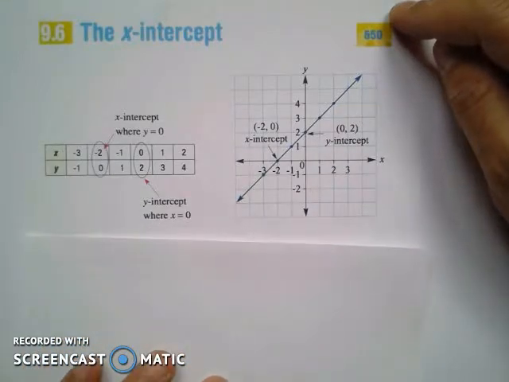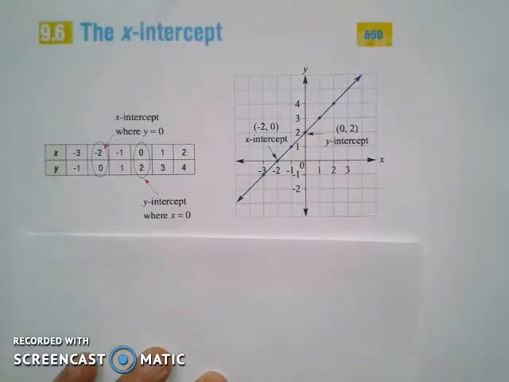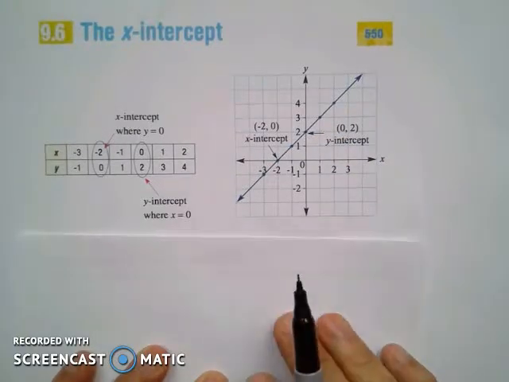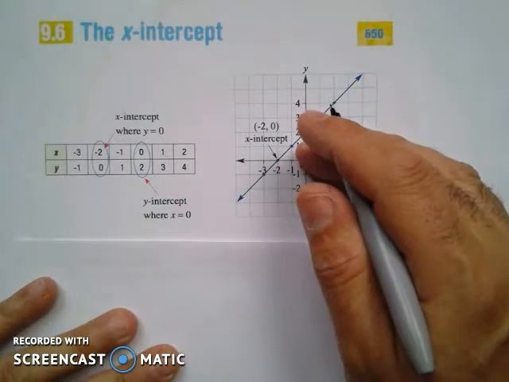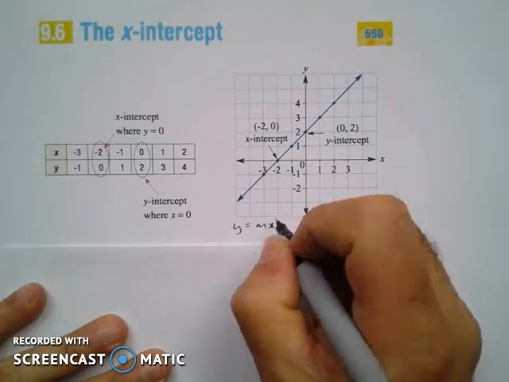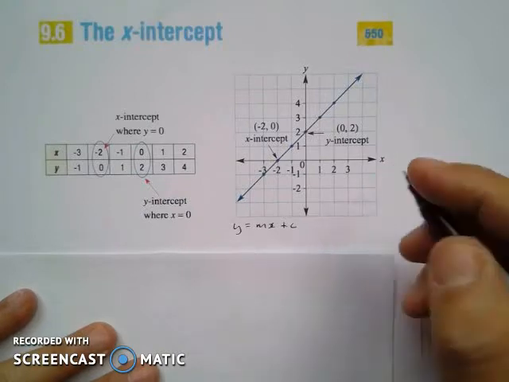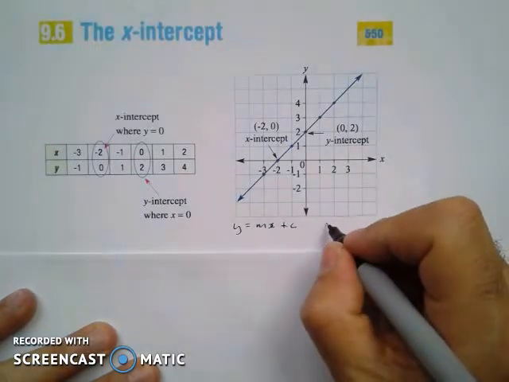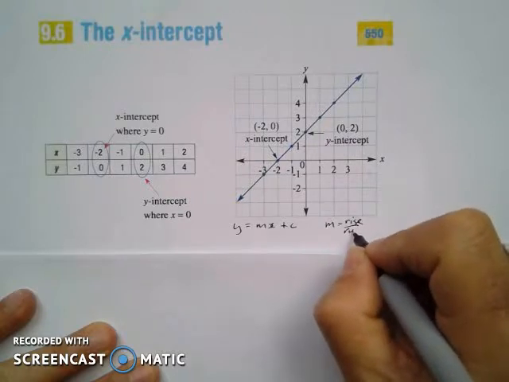When I look at this, we have a graph that represents a certain equation. I can find this equation by saying y equals mx plus c, where m is the gradient. The gradient is the rise over the run.